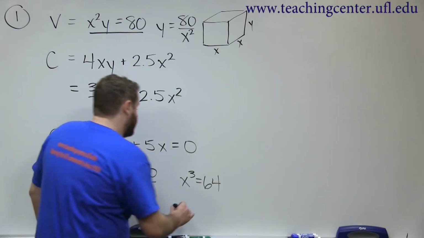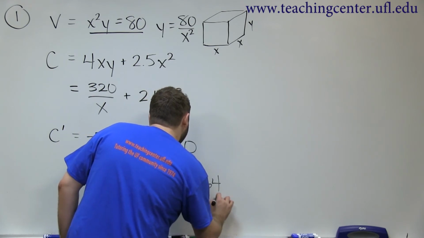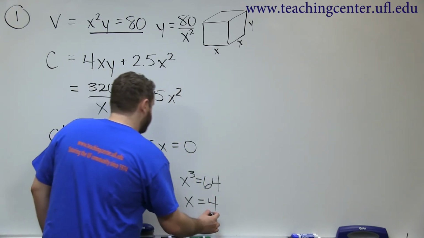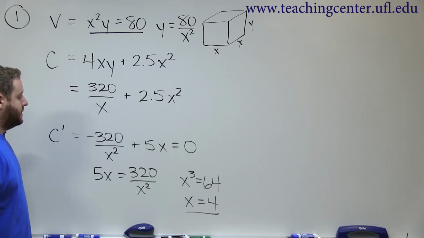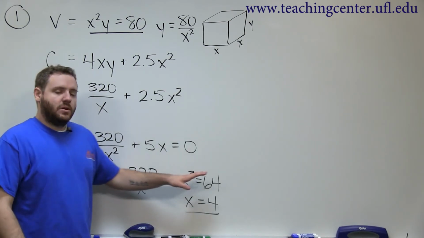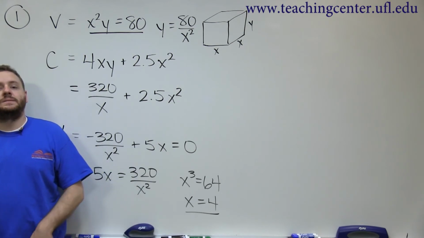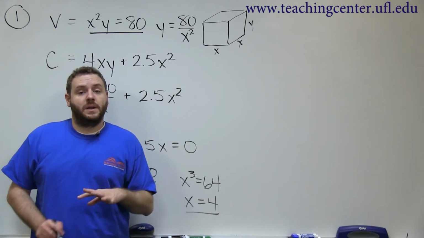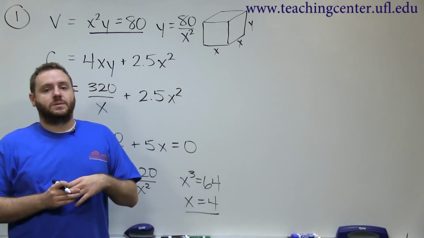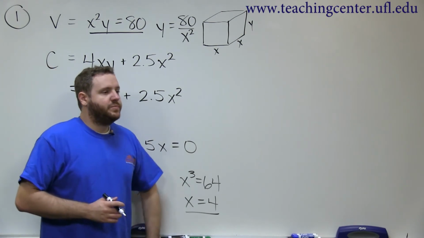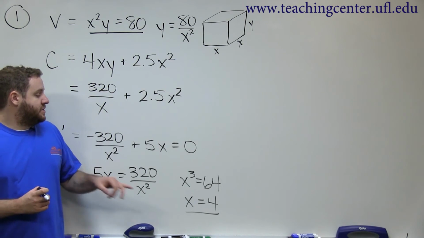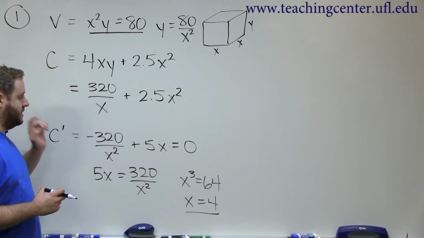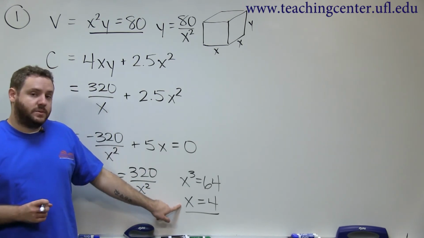X cubed equals 64 only has one solution, which is x equals 4. Since that's our only answer and we were trying to minimize, it's safe to assume that that is our minimum and it's not accidentally a maximum or something. If you had multiple answers, you'd have to see which one is the min and which one is the max. So our minimum cost occurs when our x is equal to 4.